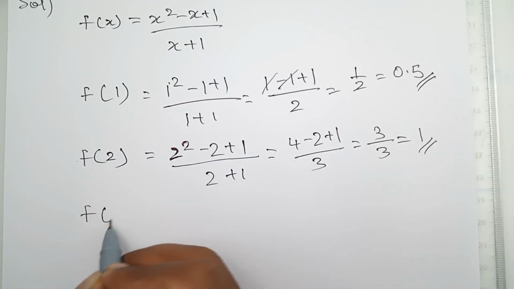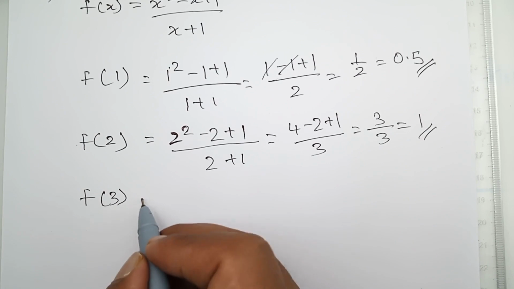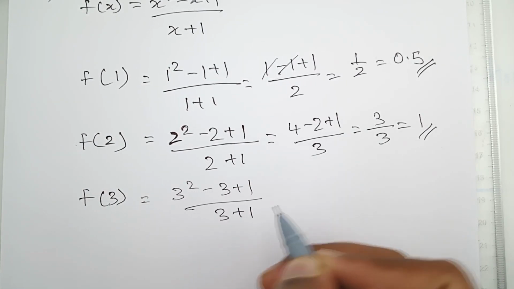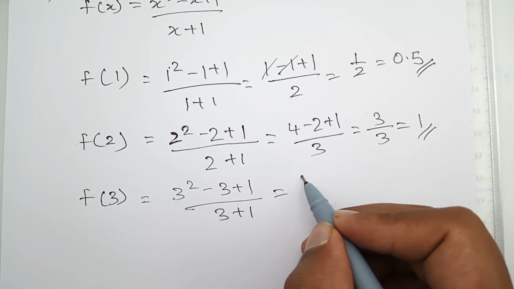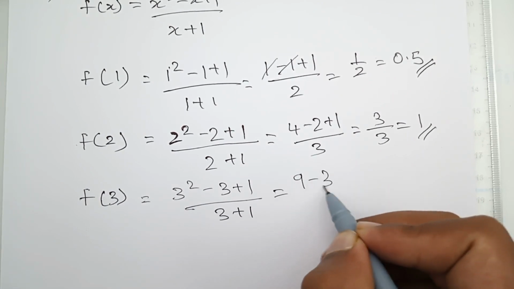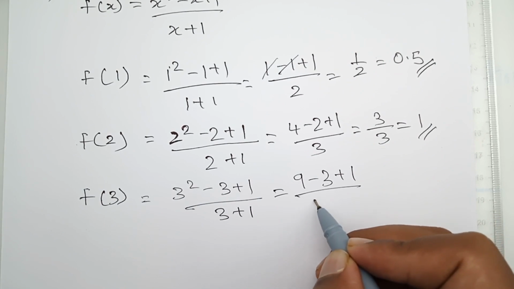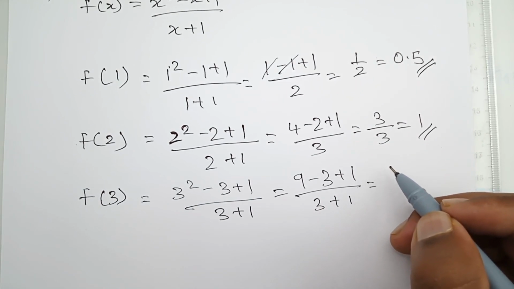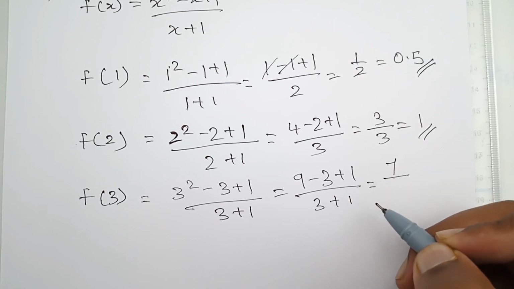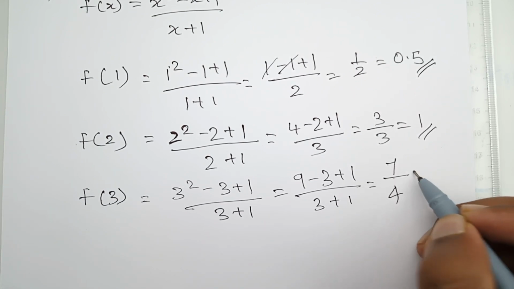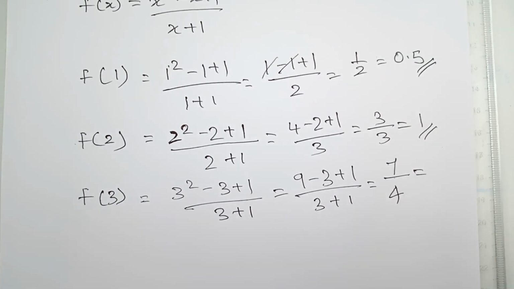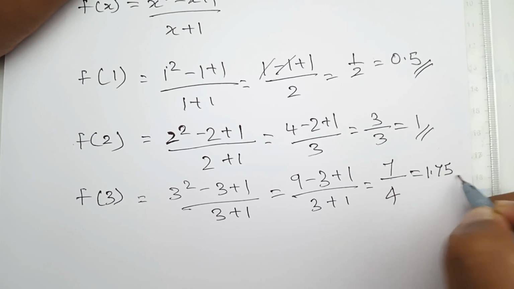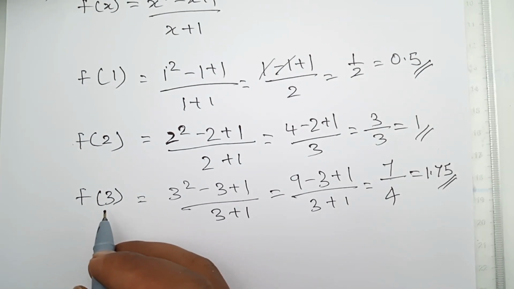Now f of 3 is equal to 3 square minus 3 plus 1 by 3 plus 1 is equal to 3 square is 9, minus 3 plus 1 by 3 plus 1, that is 9 minus 3 is 6, 6 plus 1 is 7, 3 plus 1 is 4. So 7 by 4 is nothing but 1.75, which is the answer for f of 3.